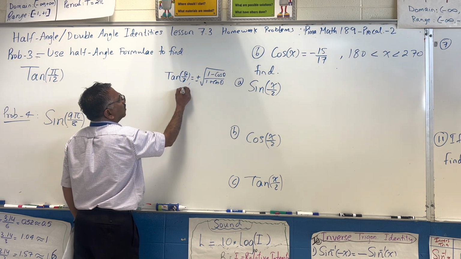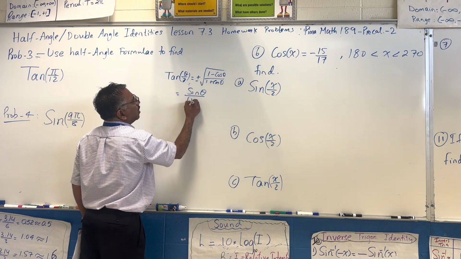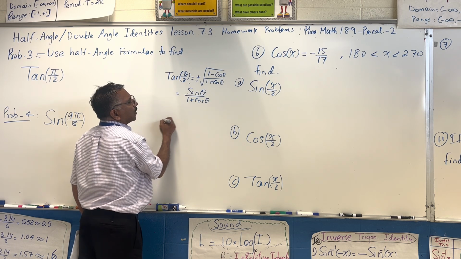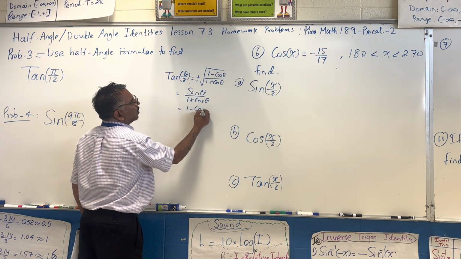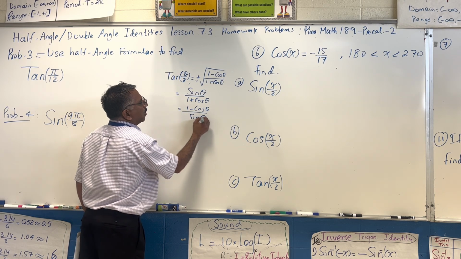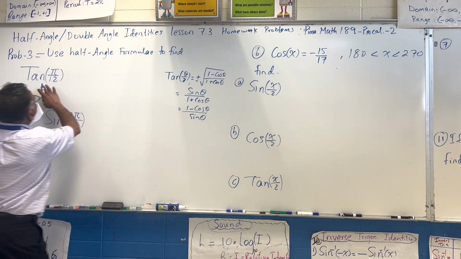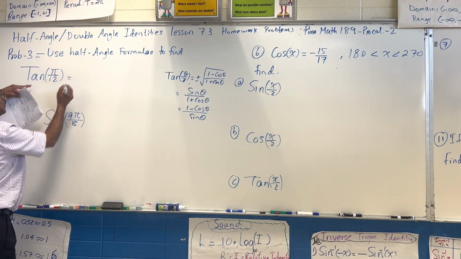You could also use sine theta over 1 plus cosine theta, or 1 minus cosine theta divided by sine theta. All these 3 formulas can help to get the answer. Now the question is, which one is better to use?